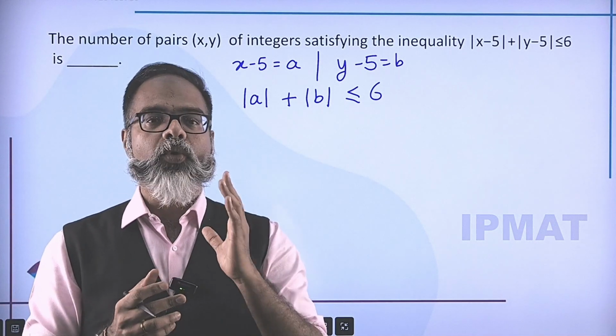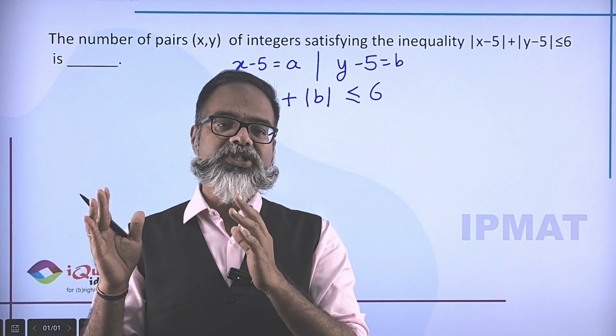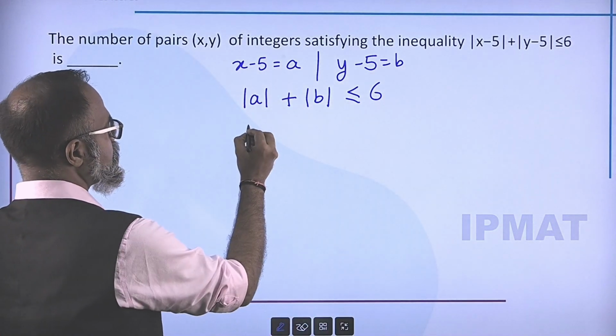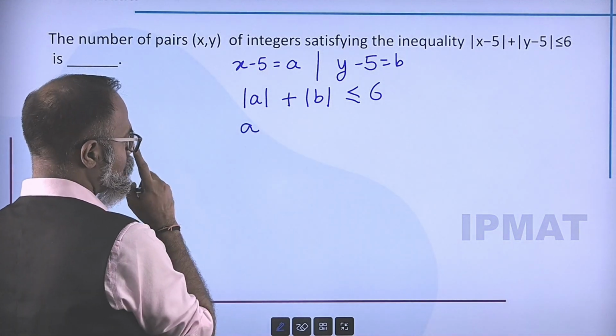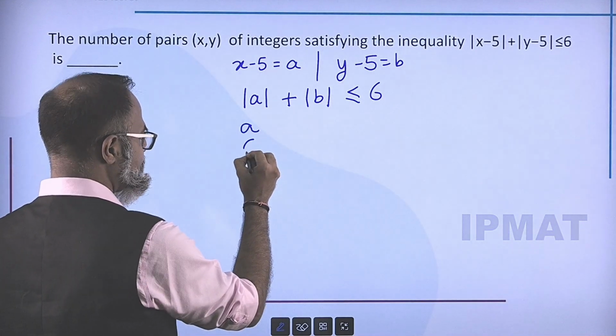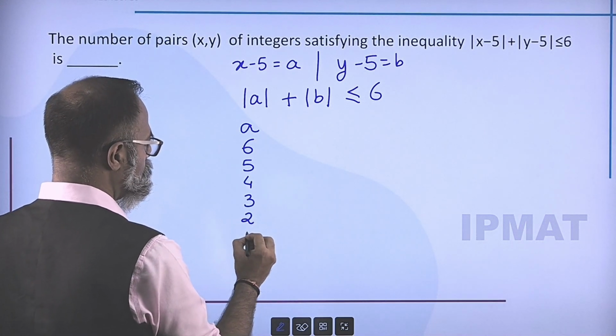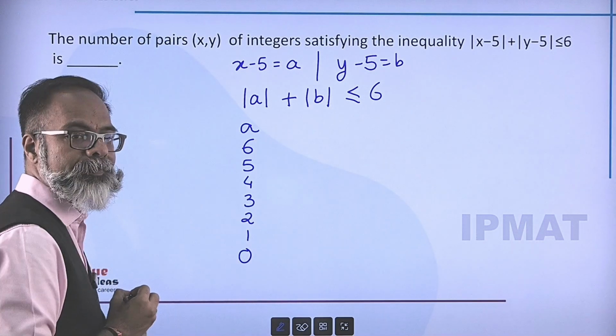I know that there are only a few possibilities. Now, a could be the number 6, 5, 4, 3, 2, 1 or 0.